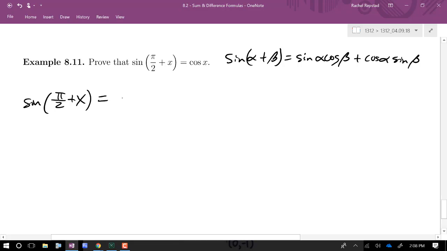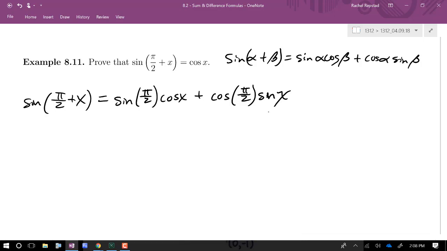Sine of pi over 2, cosine of x, plus cosine of pi over 2 times sine of x. Yep. And what's next here?